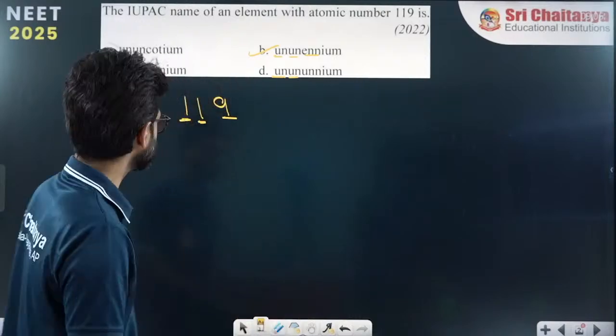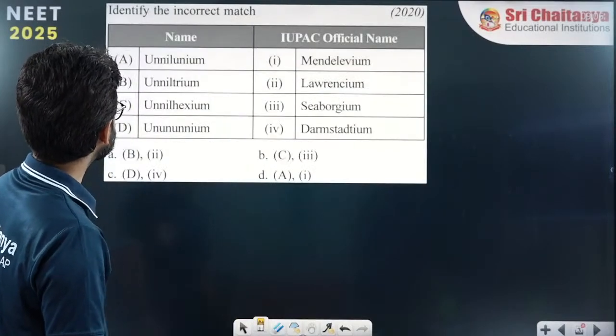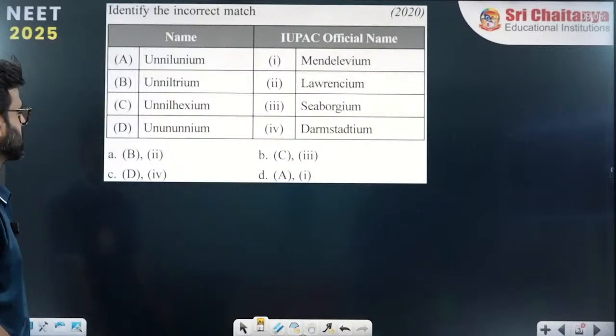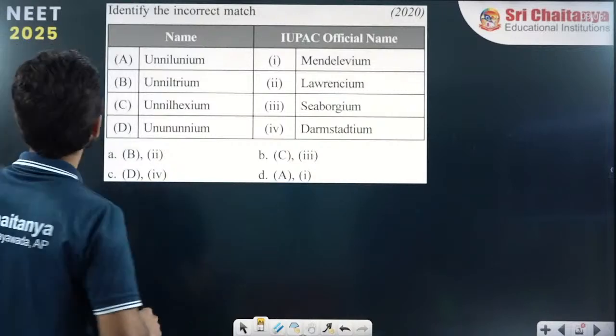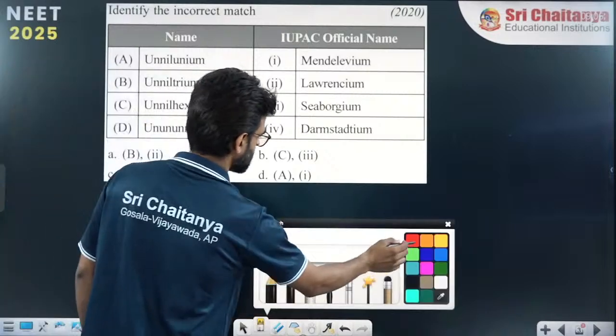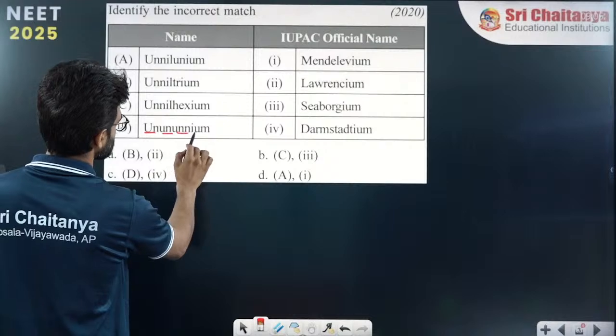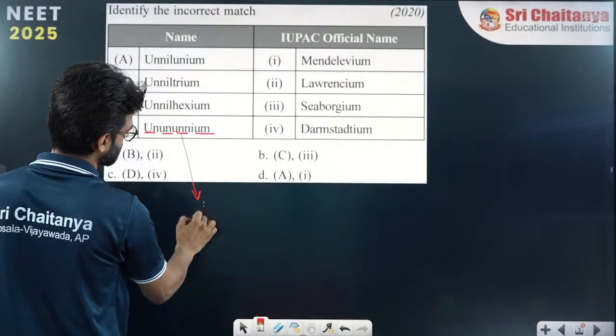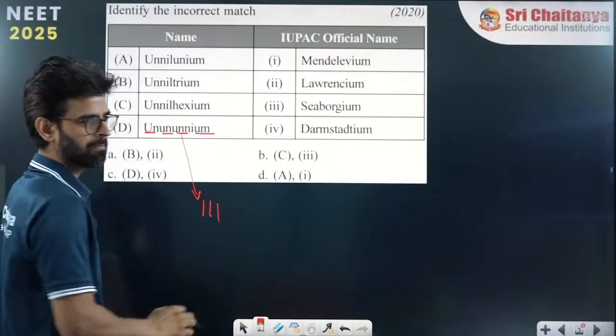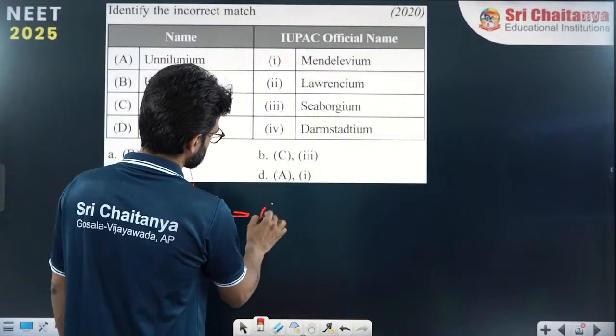Easy question. The next one is: identify the incorrect match among the following. If you see carefully, this one, 111, is roentgenium. It's Rg.